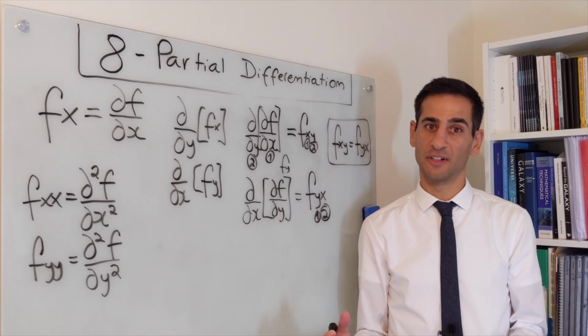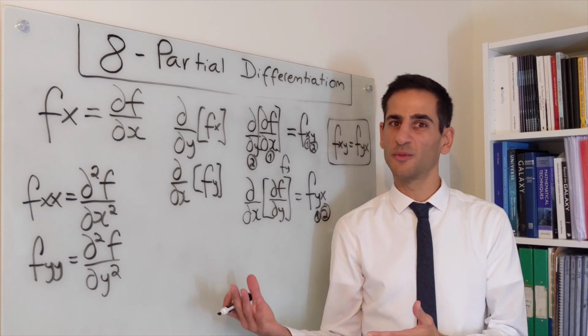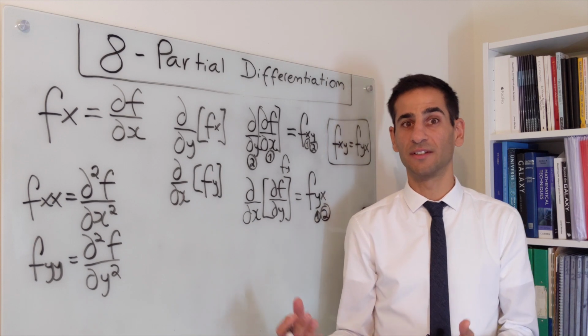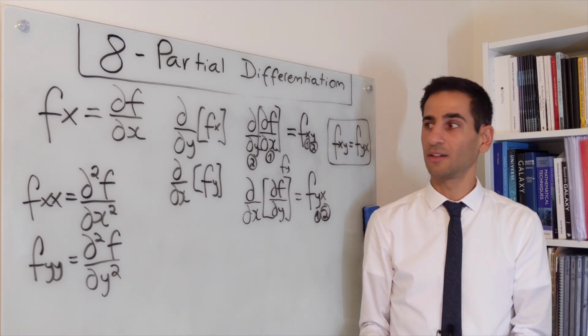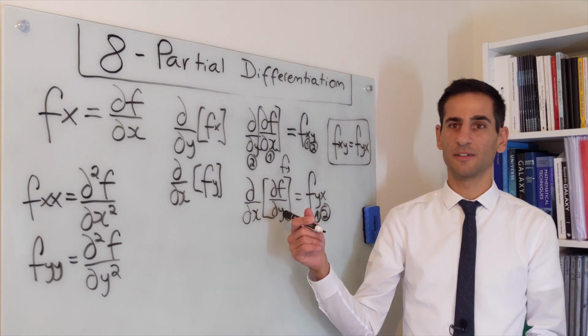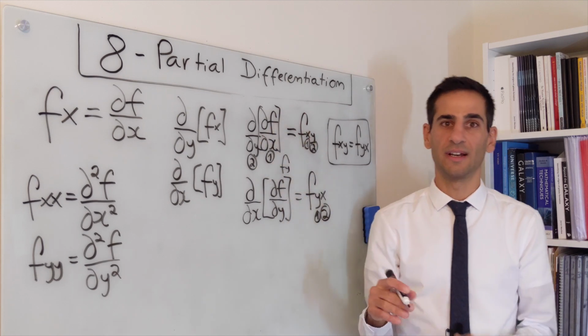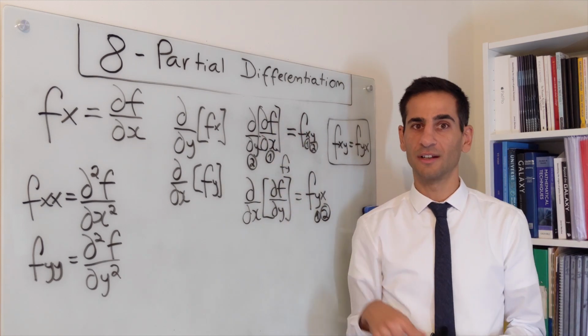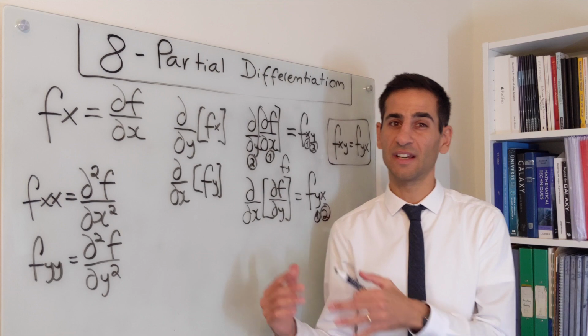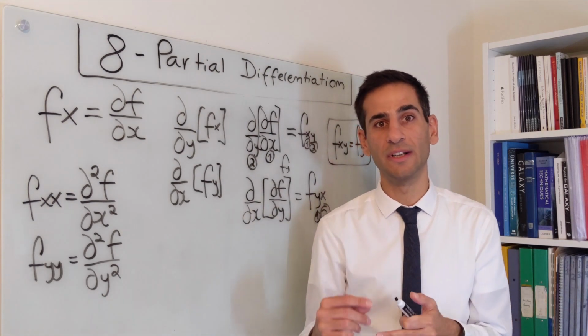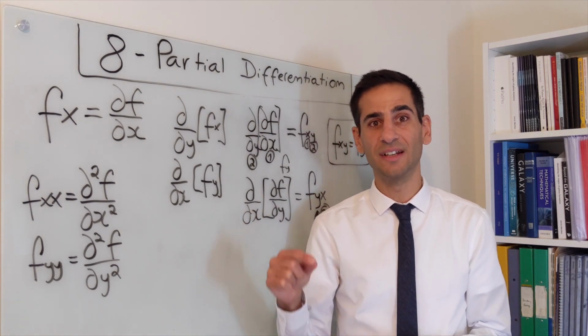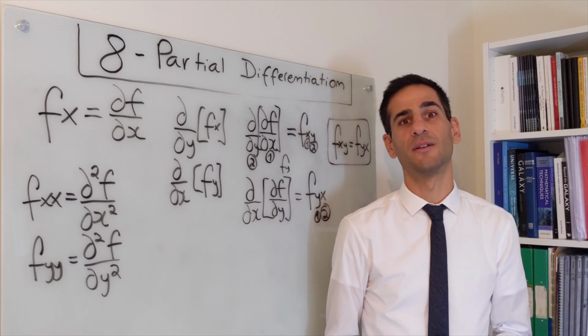An important question you could ask is, are these things useful for anything at all? And it turns out they are. Not only do partial derivatives, especially the first ones, allow you to see how things are changing along specific directions, but the second order derivatives will be the quantities that we're going to need to classify stationary points.